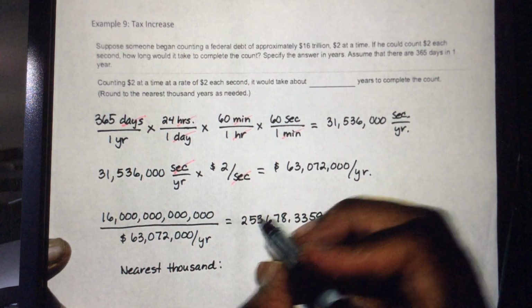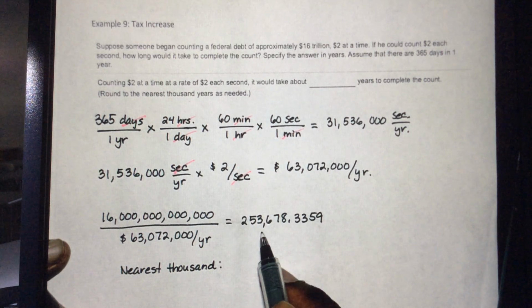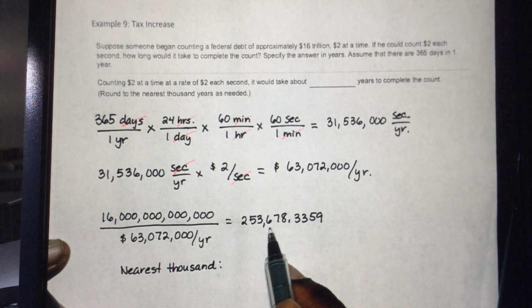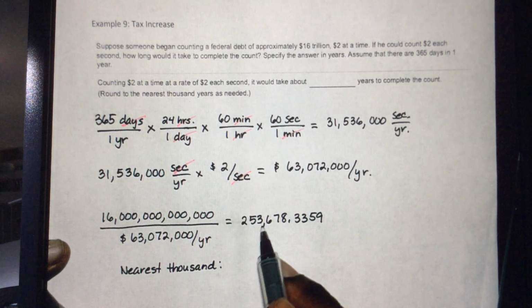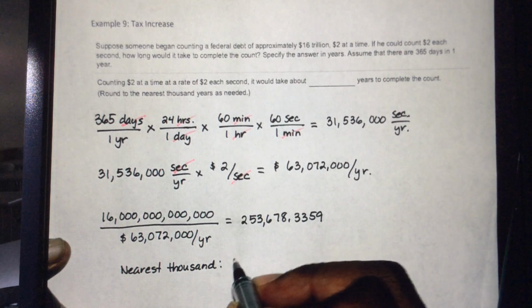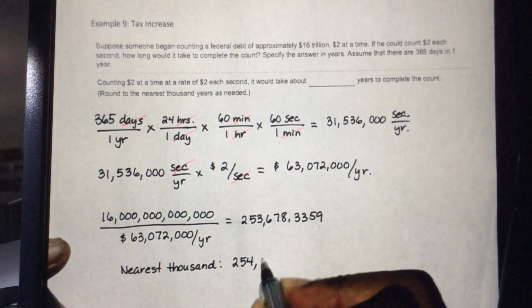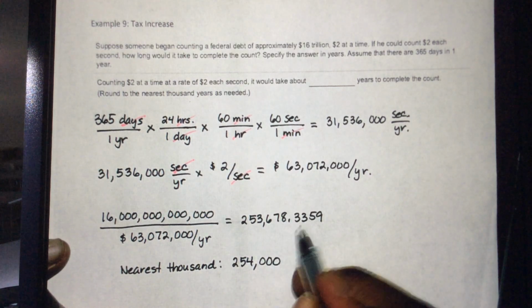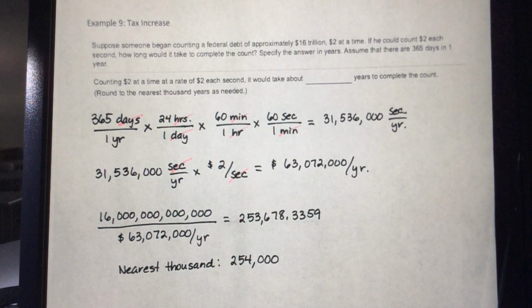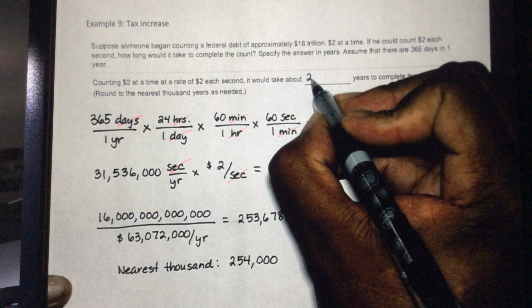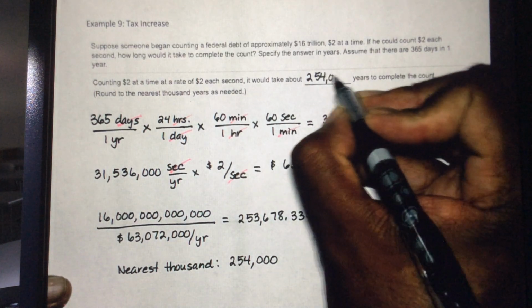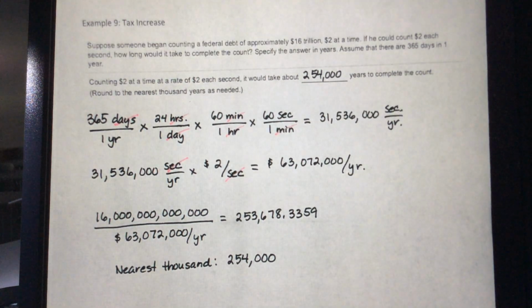We have to look at the number that's in the thousands place. That's going to be that 3 right there. Next to it is a 6. That 6 is bigger than 5, so we increase the 3 to a 4. So it'll be 254, and these numbers will change to a 0. We drop everything after the decimal point. So it will be approximately 254,000 years to complete the count.